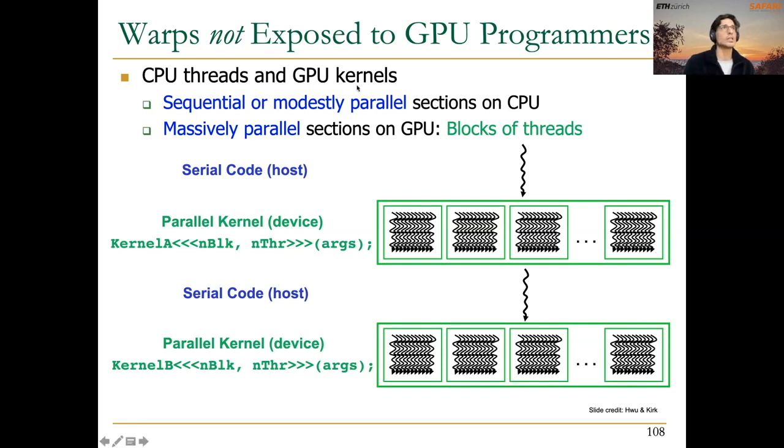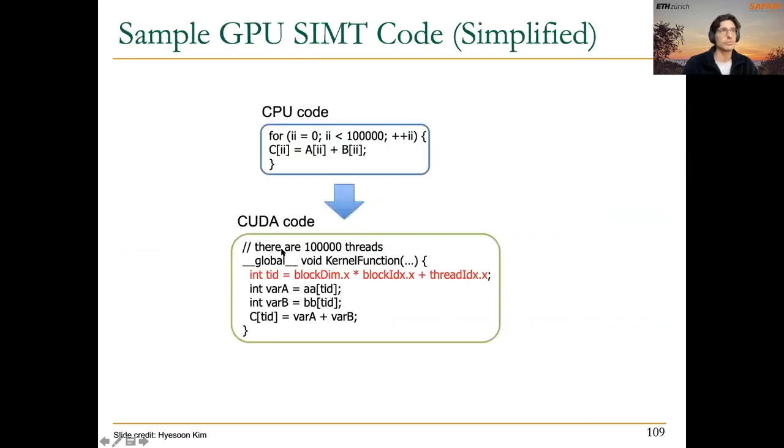This is why this slide says that warps are not exposed to GPU programmers, because the programmer writes the kernel, and then when launching the kernel decides how many blocks and how many threads per block it needs to use. So for example, this is one very simplified CUDA code, or GPU code written in CUDA.